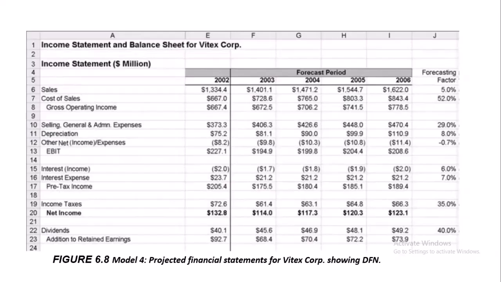So between F to G, this is model 4. Between F to H, we're going to have this 2002, we're going to have 2003 to 2006. At the point J, we're going to have the forecast factor. We'll use the forecast factor and we'll plug in what we expect, right?